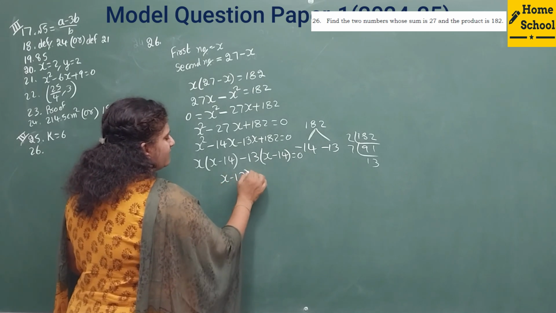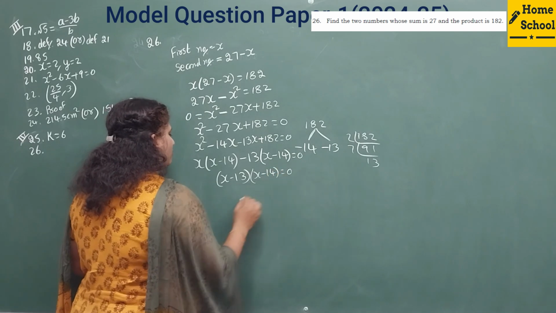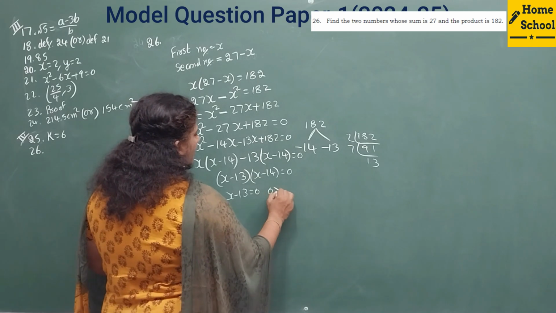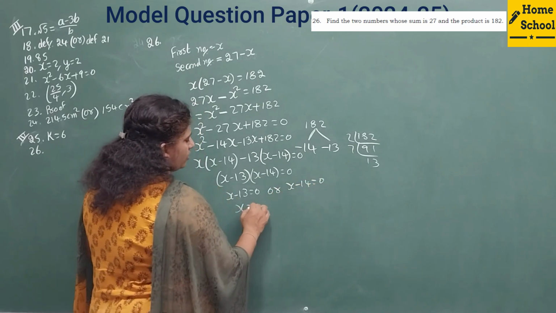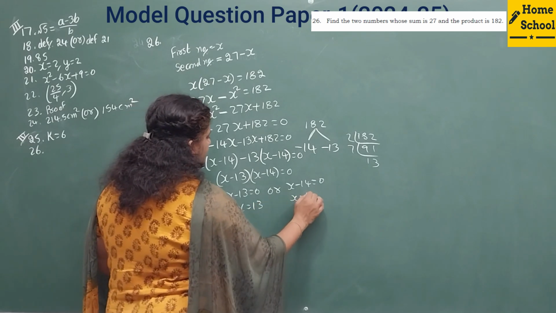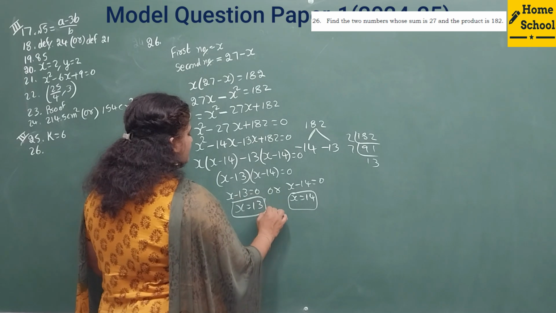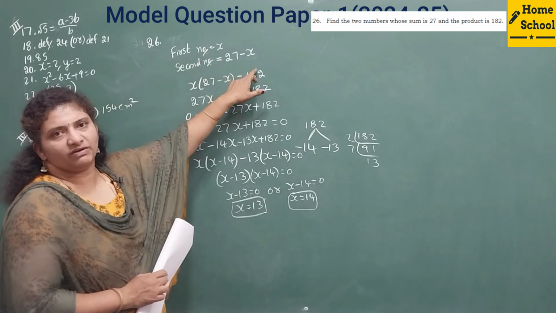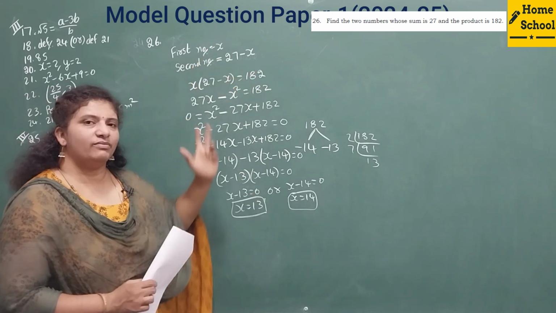Remove and write x minus 13 into x minus 14 equal to 0. That is x minus 13 equal to 0 or x minus 14 equal to 0. X is equal to 13 or x is equal to 14. What are the two numbers? If x is the first number is 13, second number will be 14. If the first number is 14, then second number is 13.